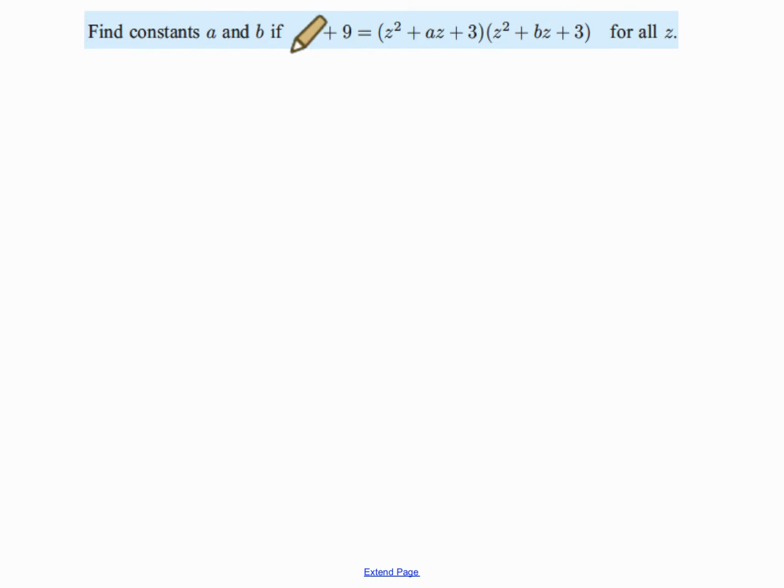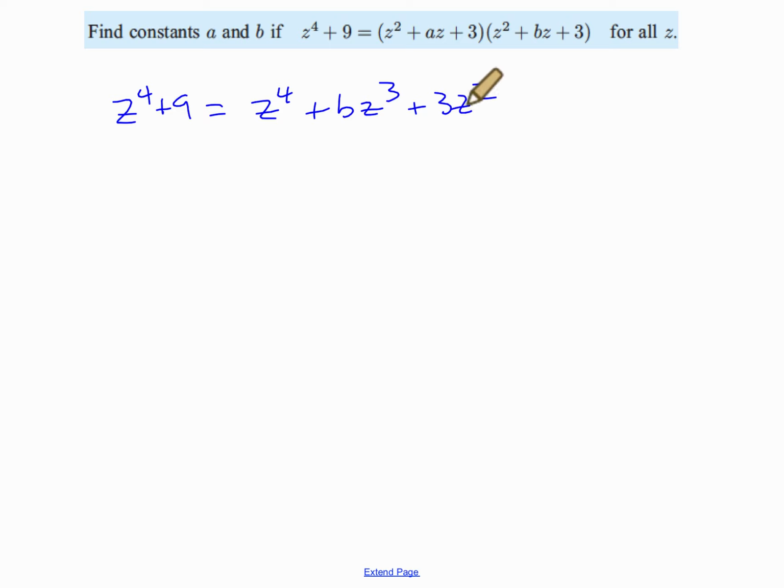Find constants a and b if z to the 4th plus 9 equals all of this nonsense for all z. Okay, well, we're going to have to clean this up just a little bit. Z to the 4th plus 9 is equal to, and if I multiply this out, I get z to the 4th plus bz cubed plus 3z squared.